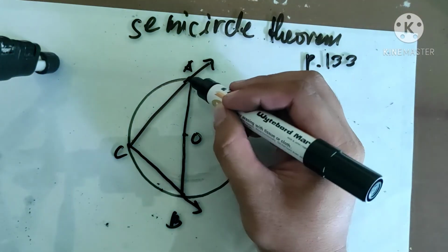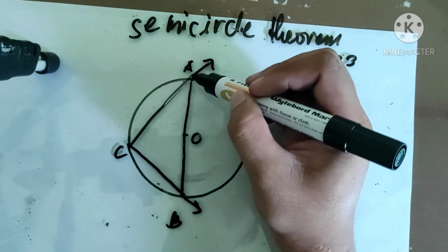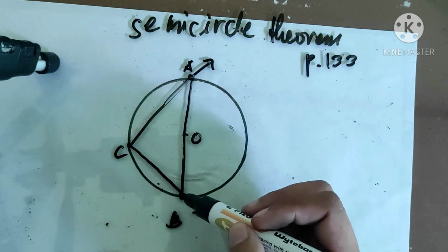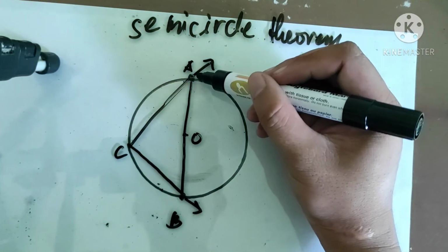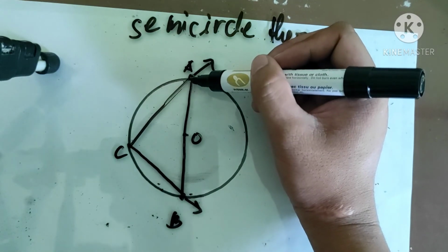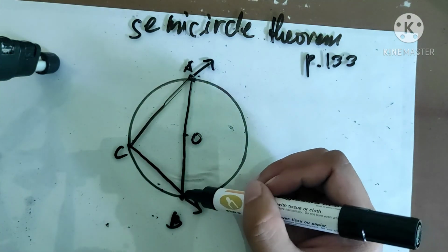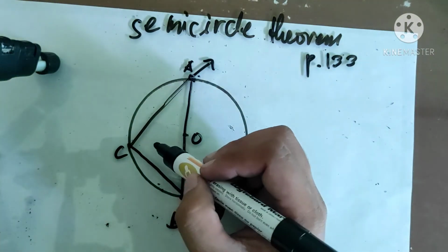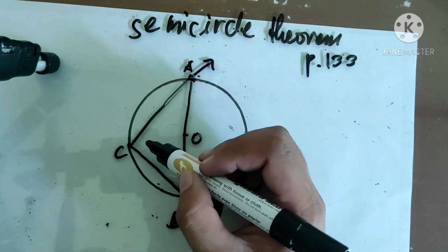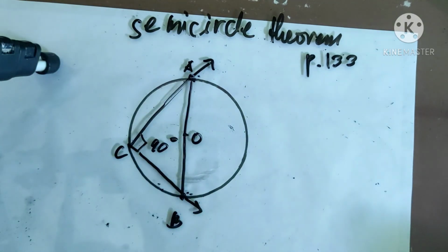So, kapag ang dalawang rays mo sa iyong angle is nasa endpoints ng ating semicircle, ng ating diameter, okay? So, nasa endpoint siya, meaning, ang angle dito is 90 degrees.